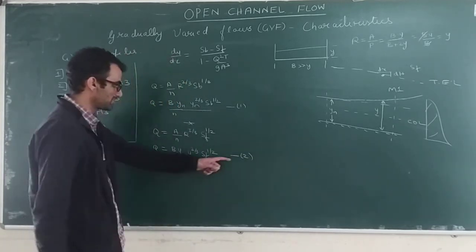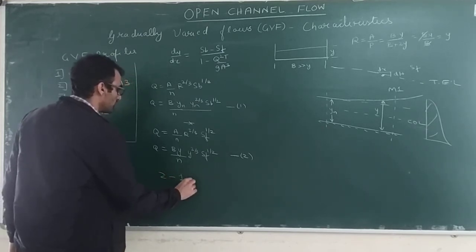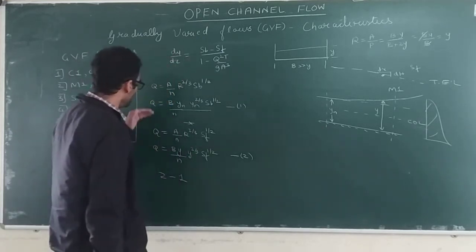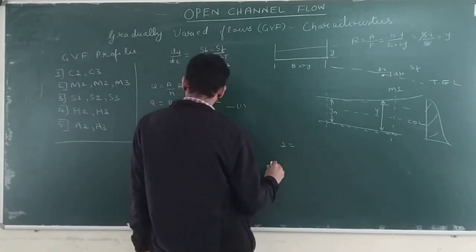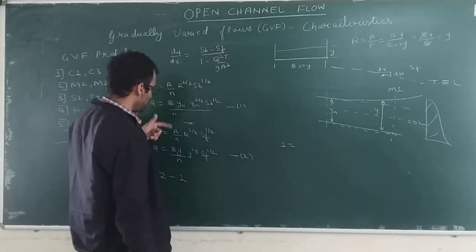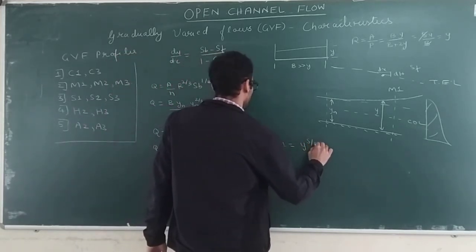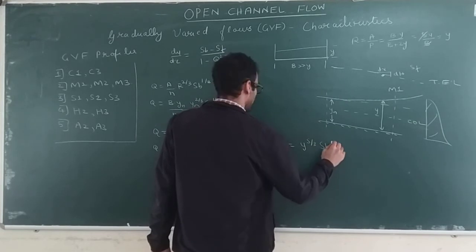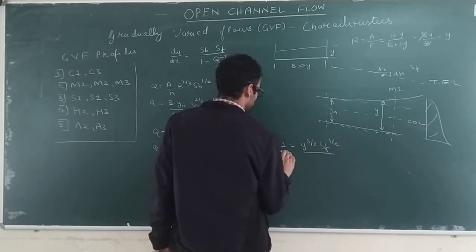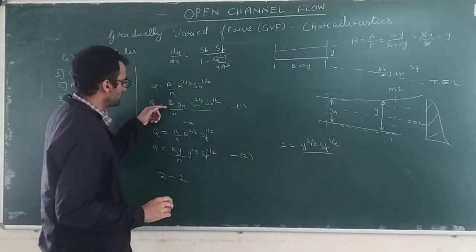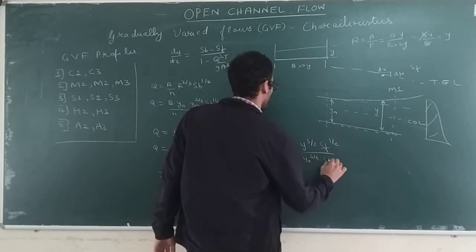If we divide equation number 2 by 1, what will we get? Q will be divided by Q, so we get 1 is equal to, and B will also get cancelled, Y to the power 5 by 3 into SF to the power half upon Yn to the power 5 by 3 SB to the power half.